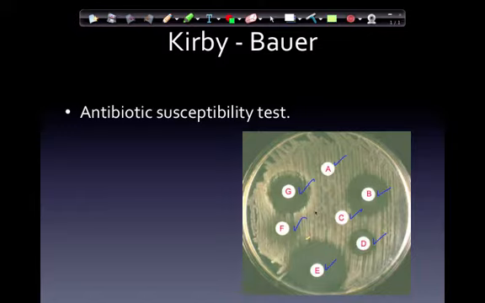So by looking at this, we can see growth or non-growth. What an antibiotic does, very simply, is set up an environment in the body where it will not allow the bacteria to proliferate.